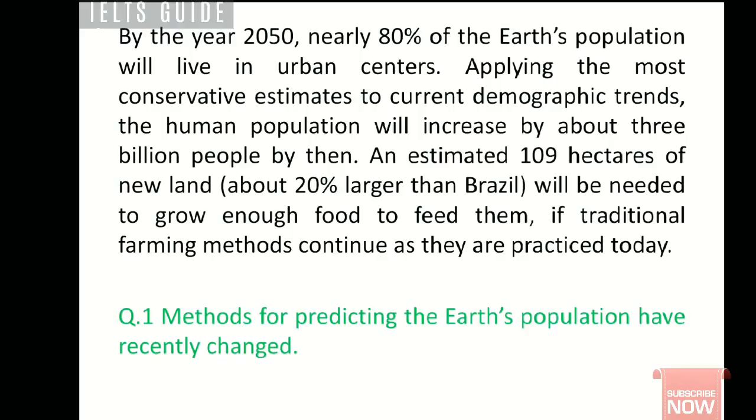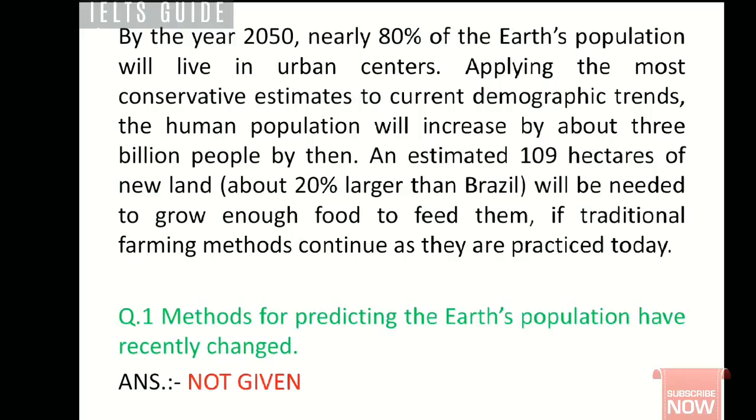They say that by 2050 nearly 80% of the earth's population will live in urban centers. There is nothing like methods for predicting the earth's population having changed. There is nothing like this in the passage, so the answer to this question is, friends, not given.